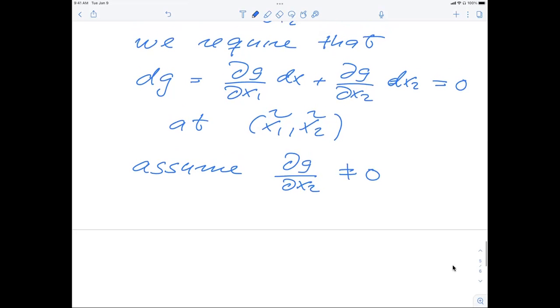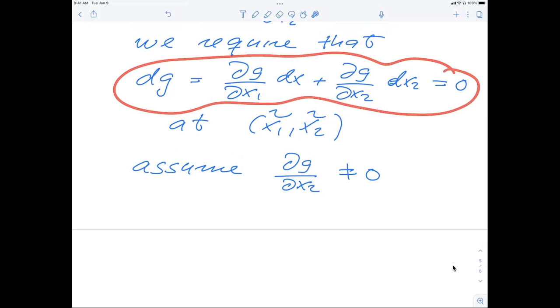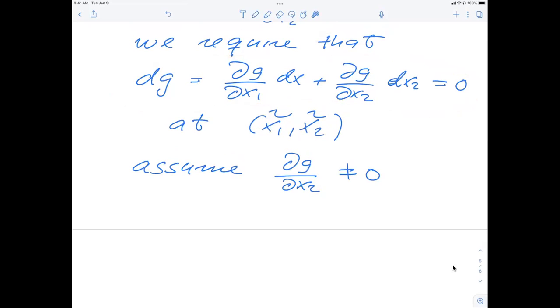So that's a plain assumption which we're going to make. And since we now have required that this dg is equal to 0, at the optimal set of values, if I take this equation which you see here and simply use the fact that this has to be equal to 0, it means that dx2 must be equal to minus the partial of g with respect to x1, divided by the partial of g with respect to x2, and we have made the assumption that this derivative with respect to x2 is not 0.